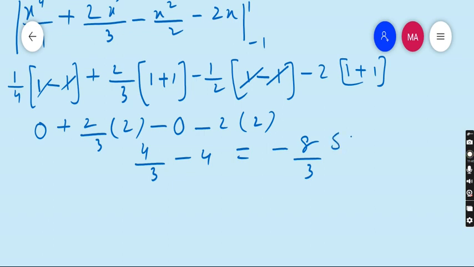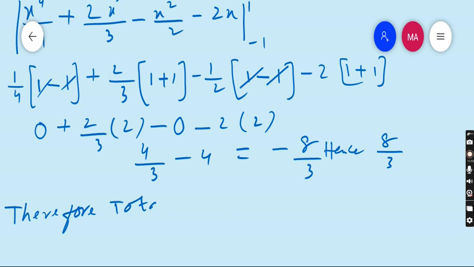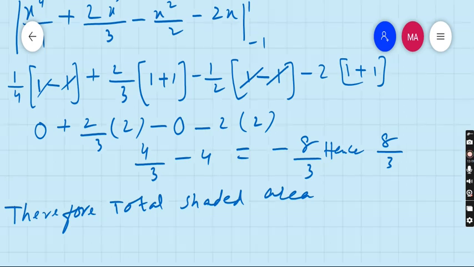So this minus 8 upon 3, hence this minus 8 upon 3 becomes 8 upon 3. Therefore, total shaded area would be, what was the first answer?